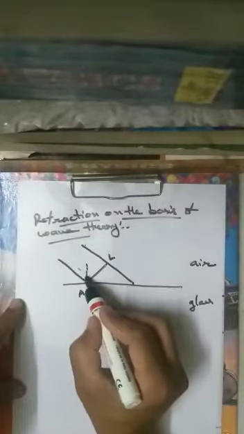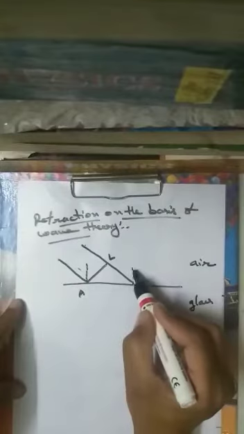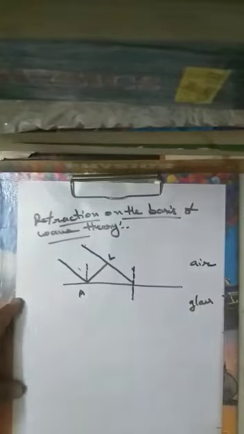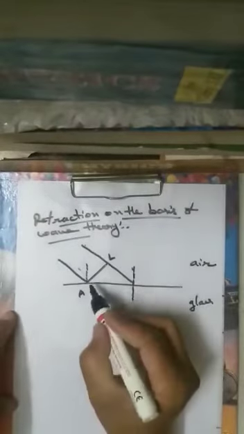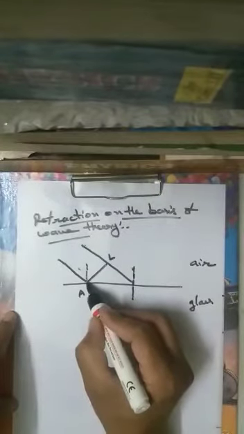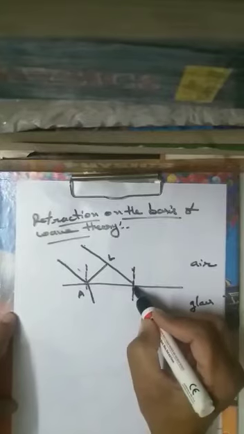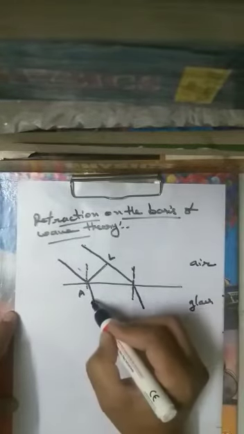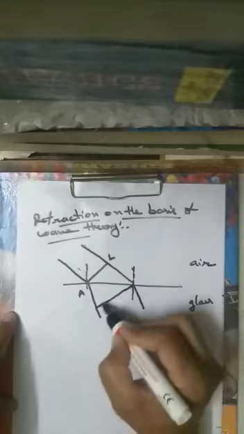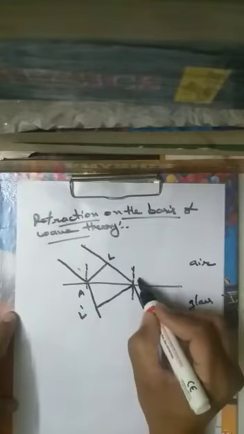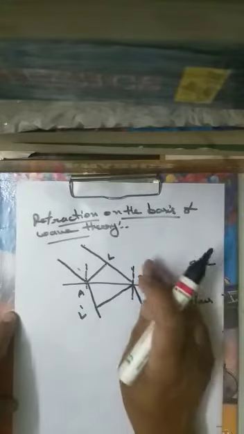This is the normal. Here the light moves from a rarer medium to a denser medium. So this is the normal, it bends towards the normal. And this becomes the reflected wavefront.